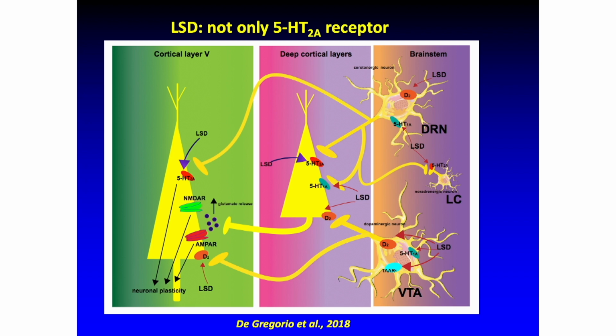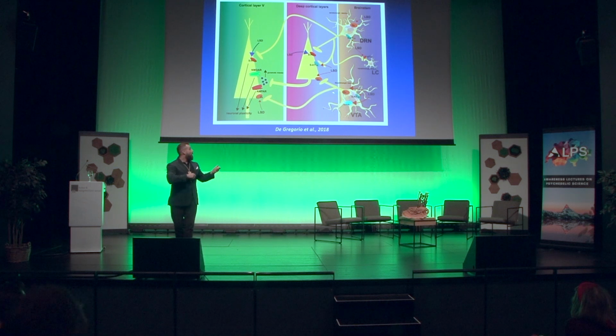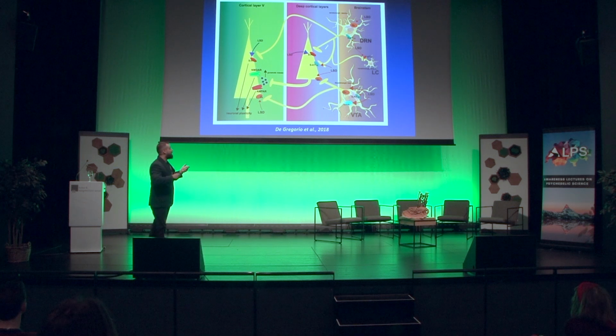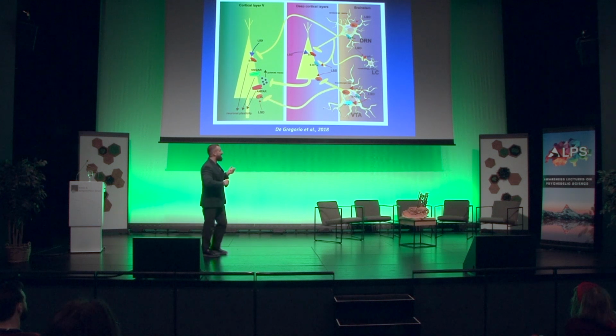So it is not only about the medial prefrontal cortex, but also the brain stem, such as the dorsal raphe nucleus, which is rich in serotonergic neurons, and the ventral tegmental area. Activation of the 5-HT2 receptor is also correlated with an over-release and spillover of glutamate, which in turn activates other receptors, such as NMDA, but also AMPA.